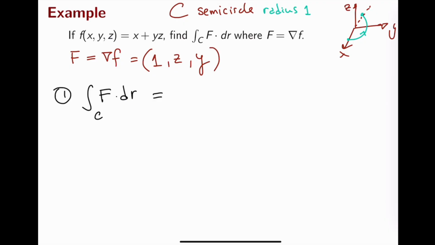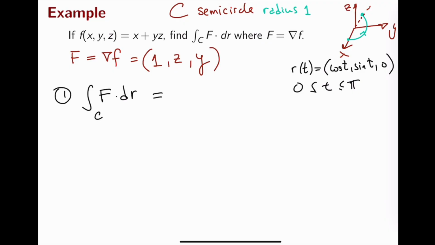In this case it's a circle, so we know that the parameterization of this circle is going to be cosine t, sine t, 0, since the curve is contained in the plane of the floor. And we know that t is going to be varying between 0 and pi, in order to get to that point.